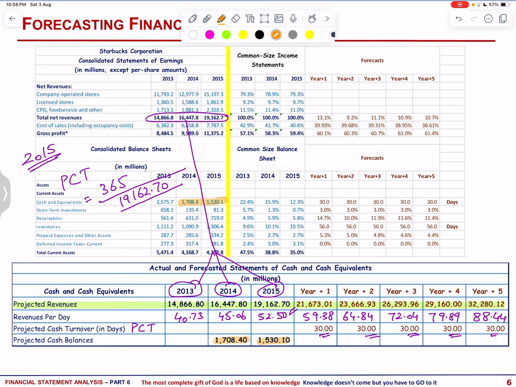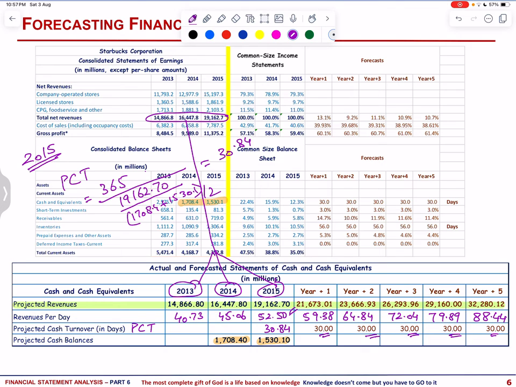So we simply have the cash balance for 2014, 1708.4 plus 1530.1, and because this is average we will divide by 2, and this is going to be equal to 30.84. That is what we have over here.